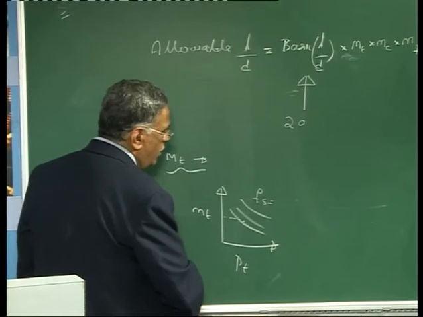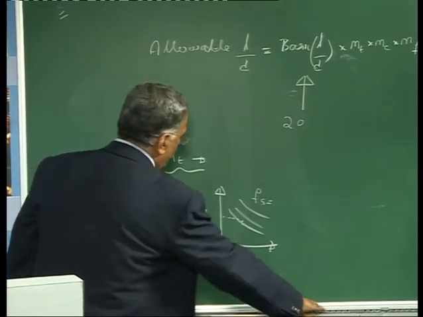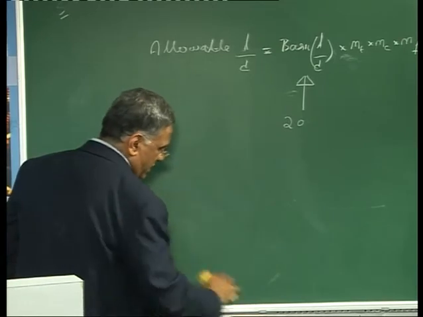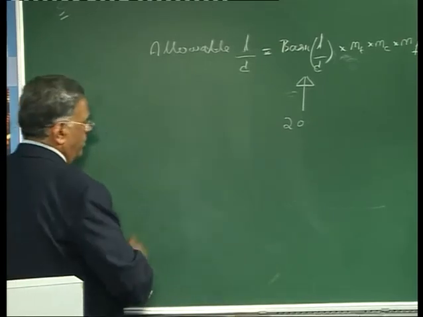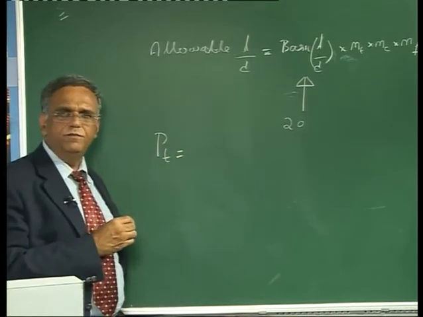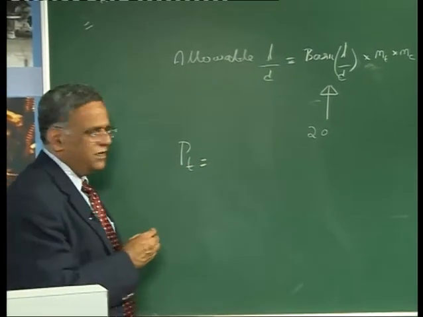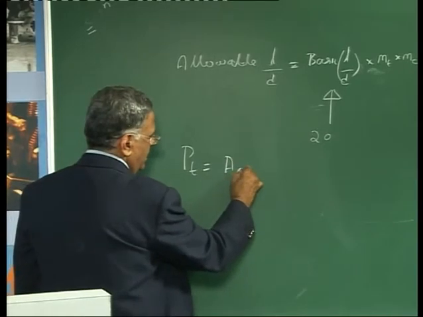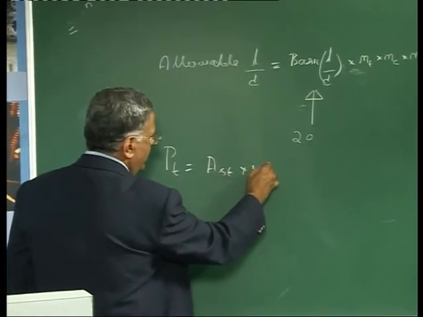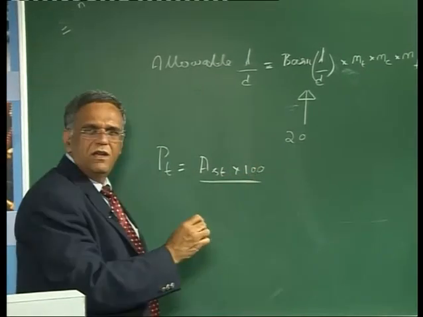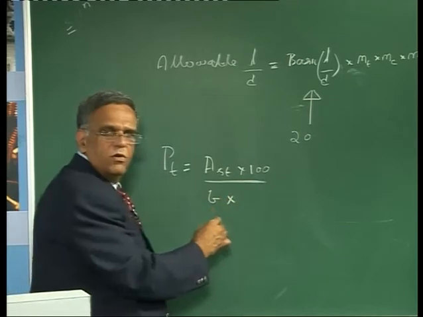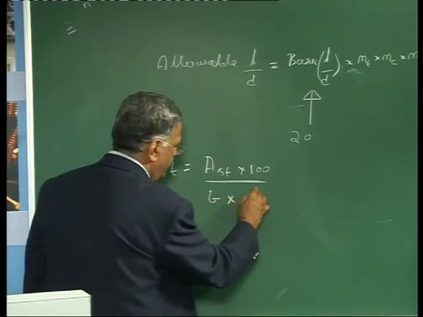To refer to this, one should know the value of PT. What is the value of PT? The value of AST is given. You know the formula to calculate the value of PT. PT is equal to AST into 100 divided by width into the effective depth.